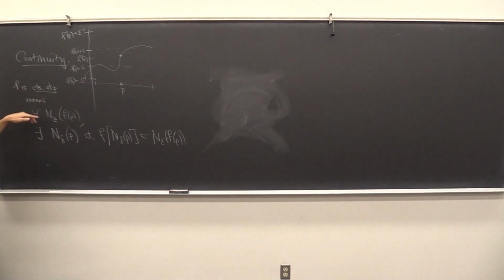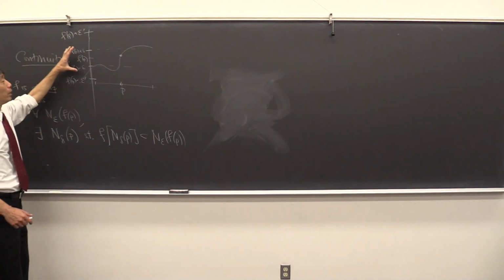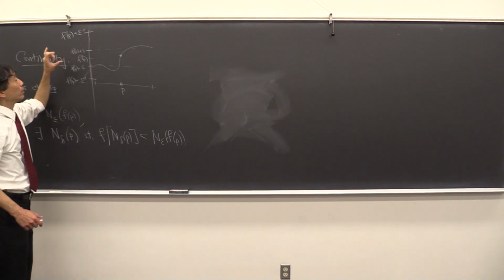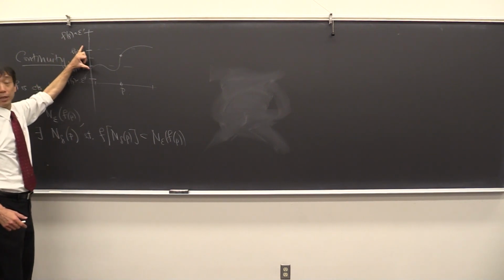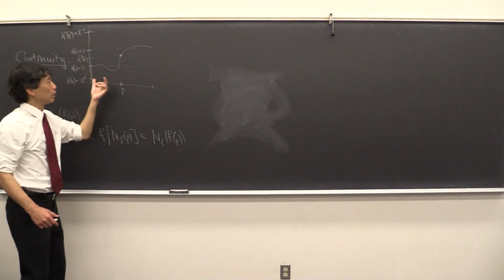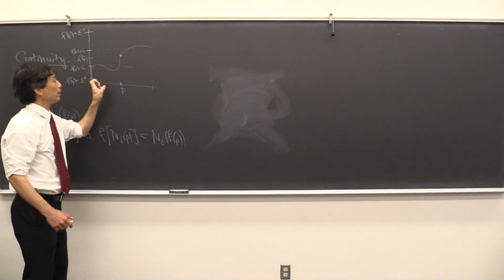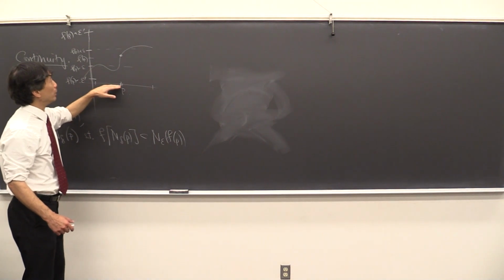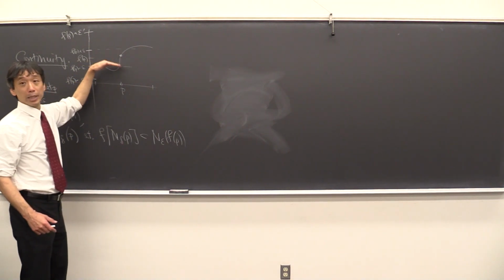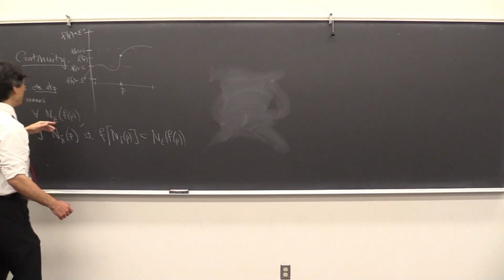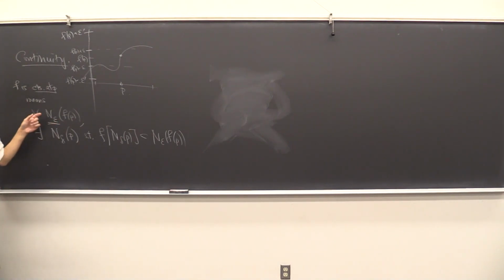So being continuous at a point means that whatever epsilon you're given, you can find a corresponding delta around p so that the points in the delta neighborhood get mapped into the epsilon neighborhood. And you can do that for any epsilon you choose.